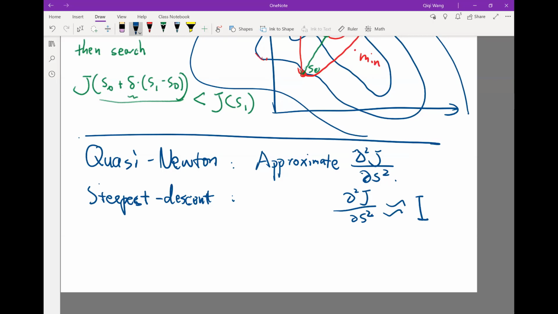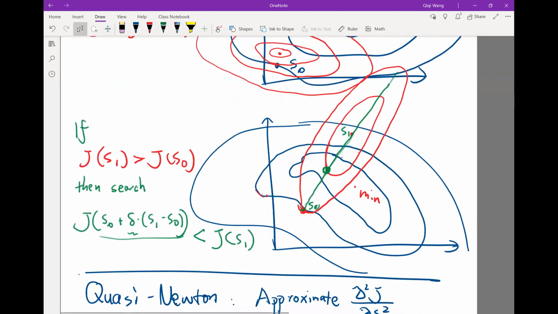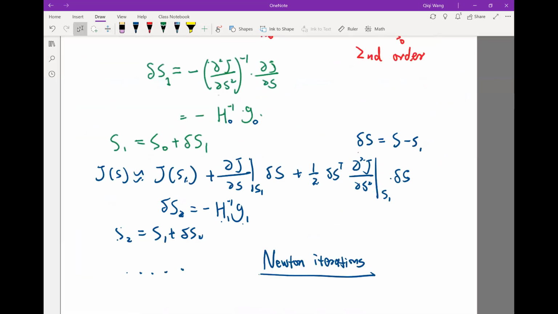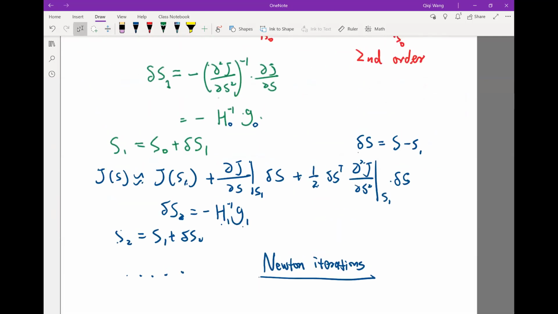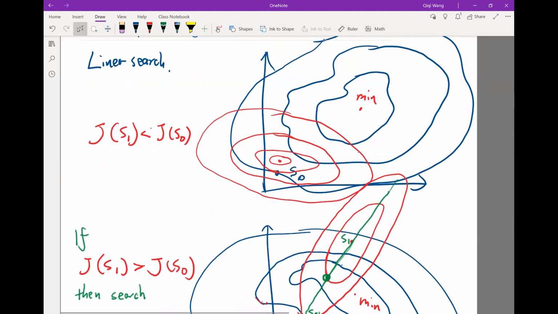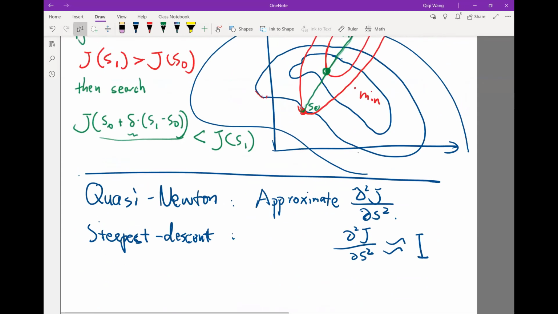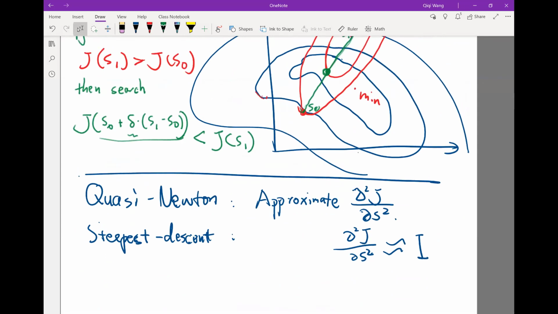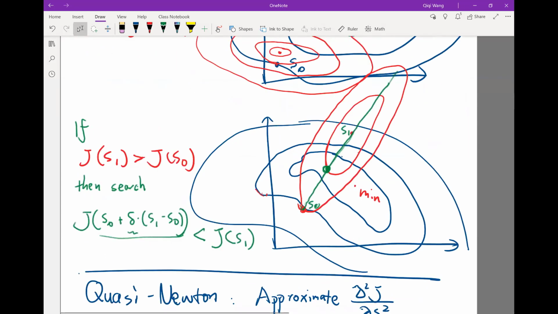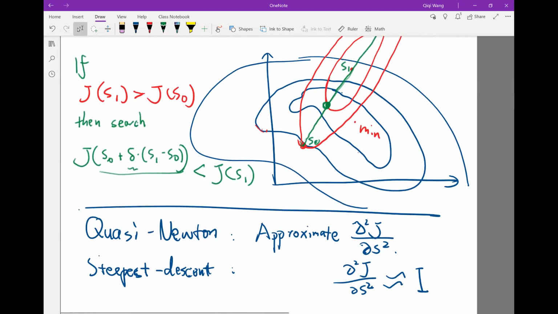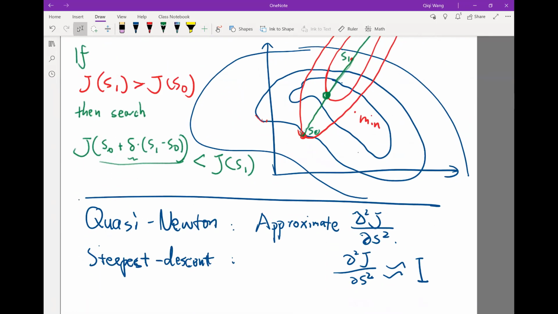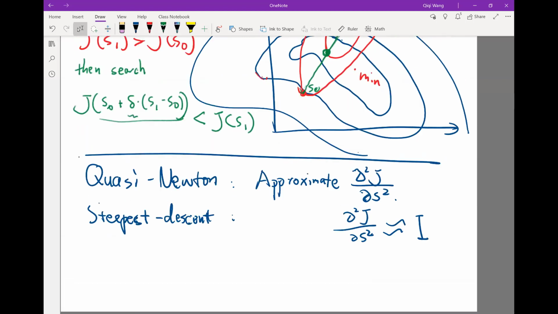So if you approximate the Hessian with the identity matrix and you look at what algorithm that leads to, basically my delta S is going to be minus the gradient. So that's why it's called the steepest descent, because I'm just following the gradient direction, and it heavily relies on the line search to actually take a good step size, because without the Hessian, you no longer have any idea of how big of a step is appropriate to take.